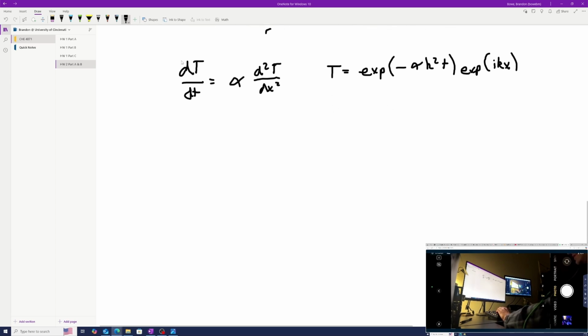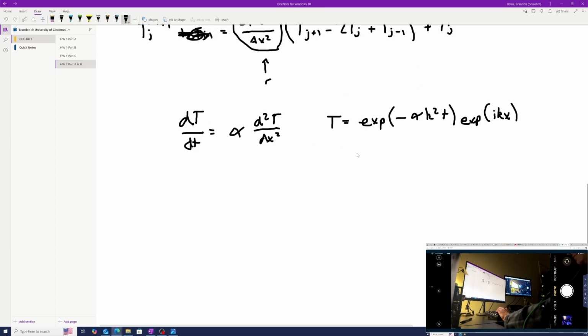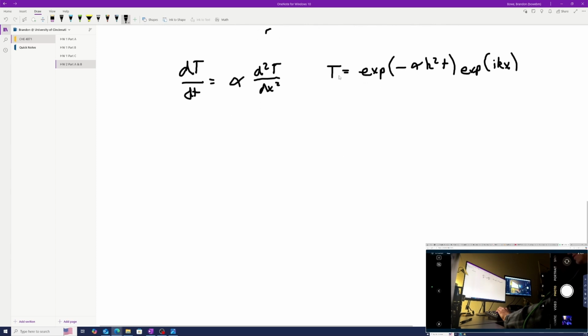So what we're starting with was our differential equation we derived for our changing temperature based on our changing position and temperature with respect to time on the left side, and what we were given was a solution to this differential equation, which is our temperature is equal to the exponential of minus alpha k squared t and the exponential of I kx.